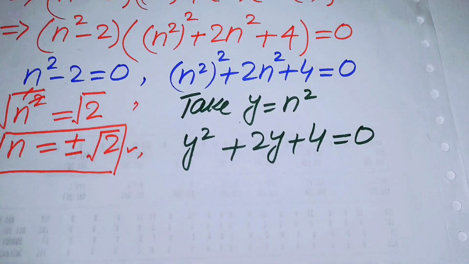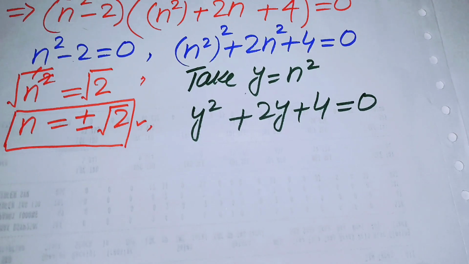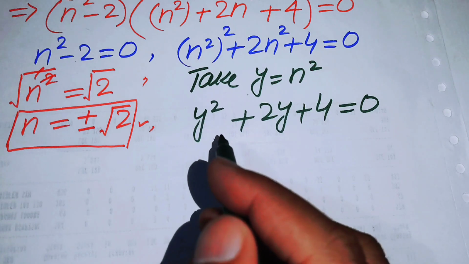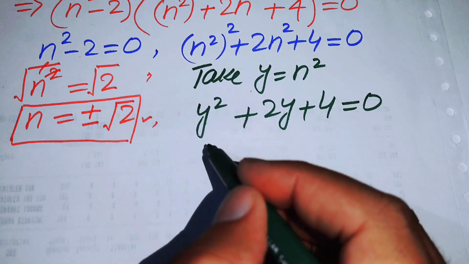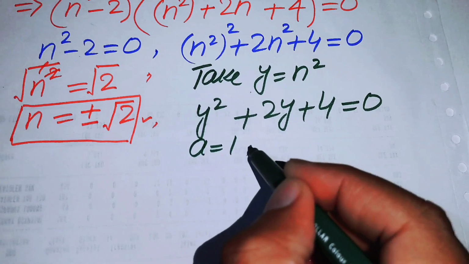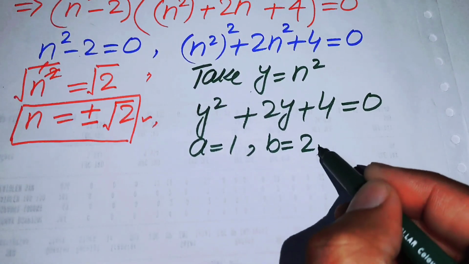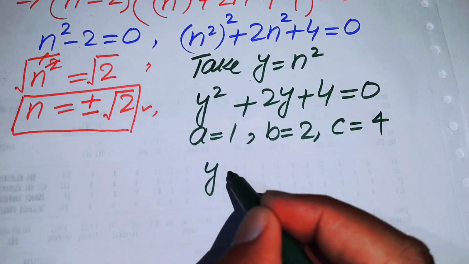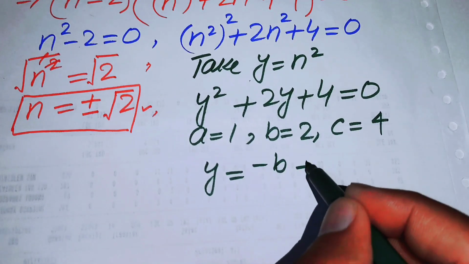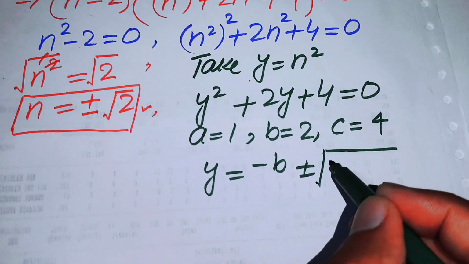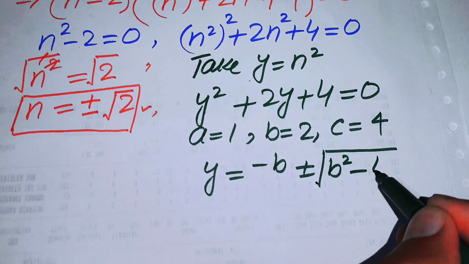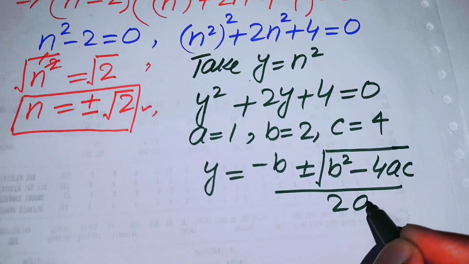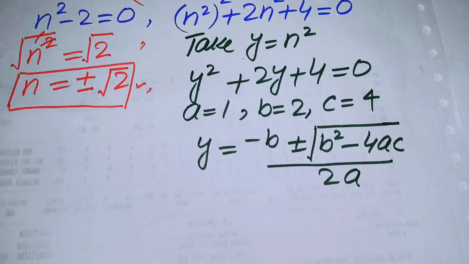And now in the next step we can apply the nice quadratic formula in order to solve this quadratic equation, so that here we have a is equal to 1, b is equal to 2, and c is equal to 4, and our quadratic formula is y is equal to minus b plus minus square root of b squared minus 4ac, over 2a.